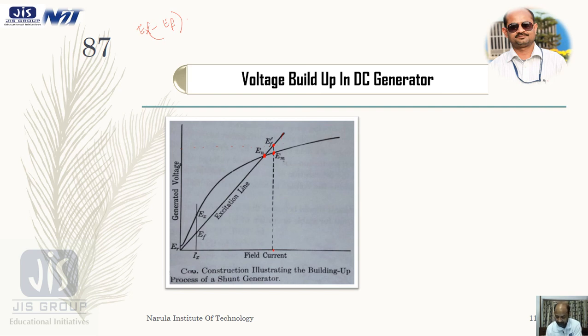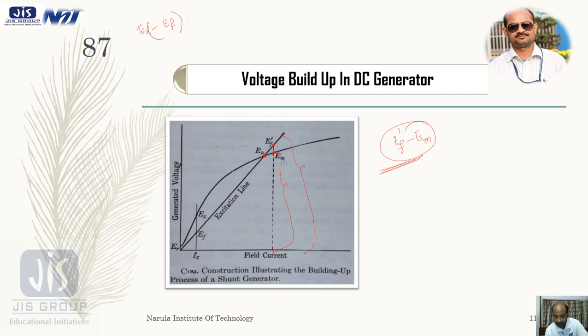Now obviously this field voltage is not available, because the available voltage is this, but my requirement is this amount. So this extra amount Ef dash minus Em is not available for self excitation, and the generated voltage Em cannot be maintained.